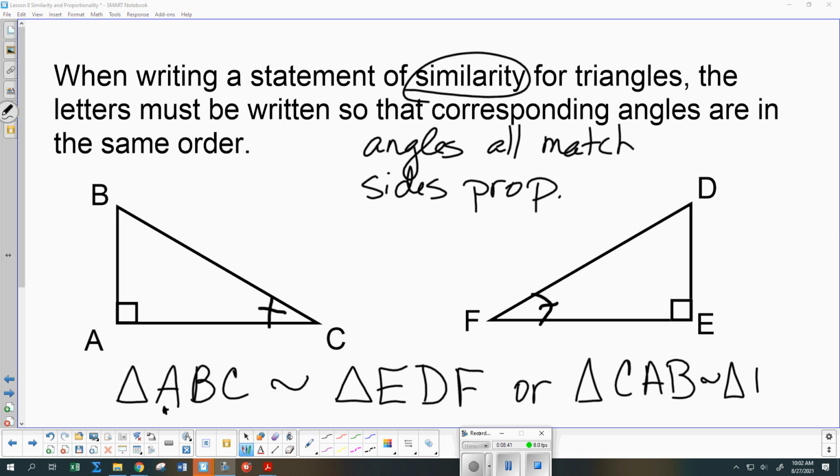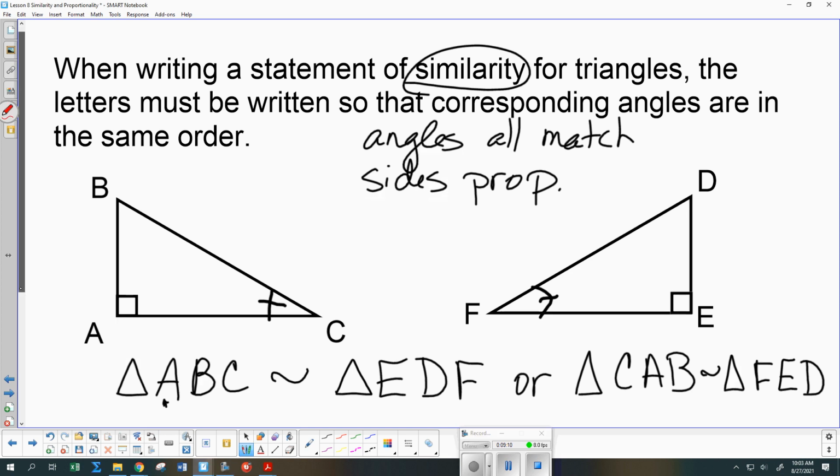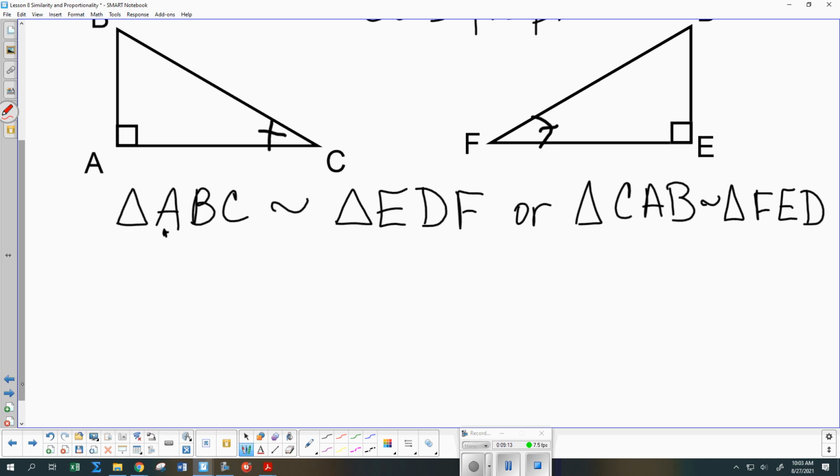C matches up with F, so now I'd have to start with F. A on the left is the right angle, so then I would need the E. B on the left has no tick mark, or mark of any kind, same with D. So there's more than one way to write it, but I have to make sure that the congruent angles match up. Then the order of that statement also tells us how to do the proportions.